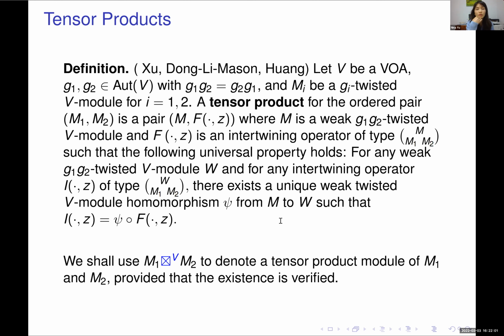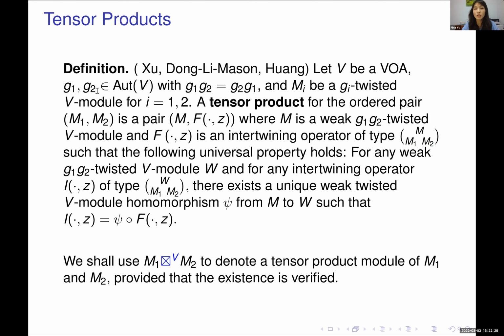Now let's look at the definition of tensor products for twisting modules. It was defined by Xu, Dong Chongying, and Mason Huang. If we consider tensor products of twisting modules in the sense of VOA, it was defined as the tensor product of two twisting modules, M1 and M2. M1 is a g1-twisting module, and M2 is a g2-twisting module, and g1 g2 equals g2 g1.